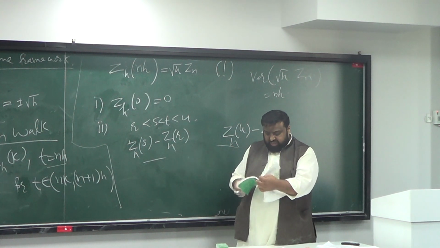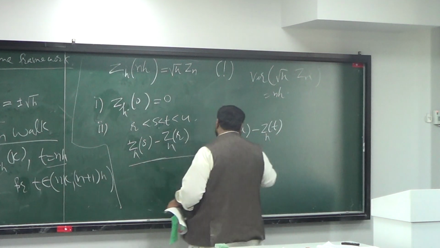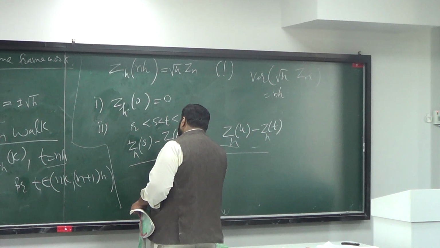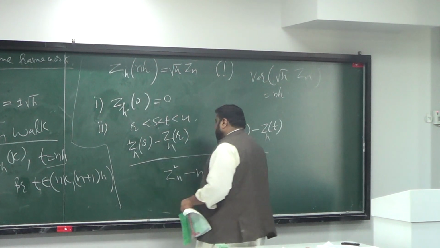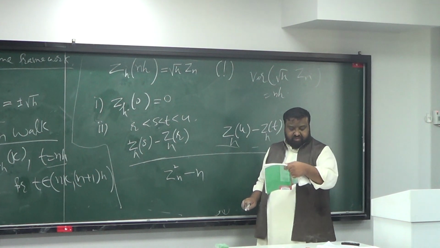So read it from here, I'm not getting into all that. I know that Z squared n minus n is a martingale, you remember?